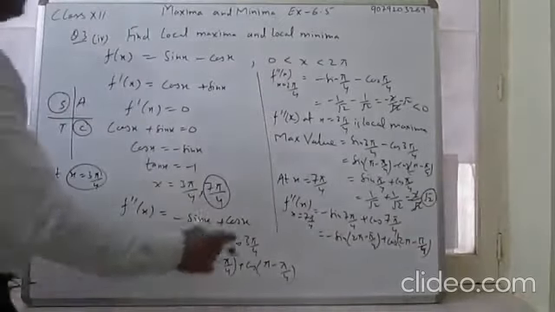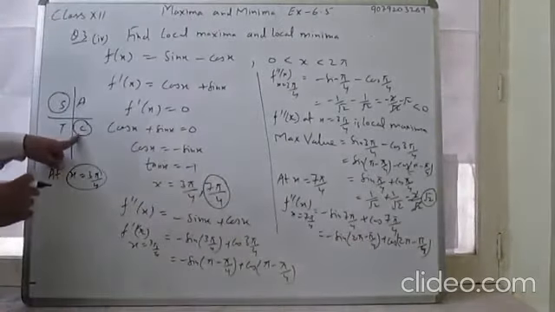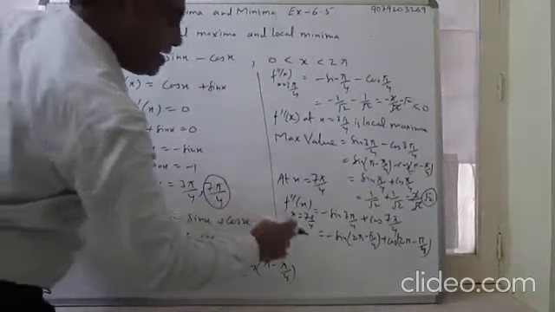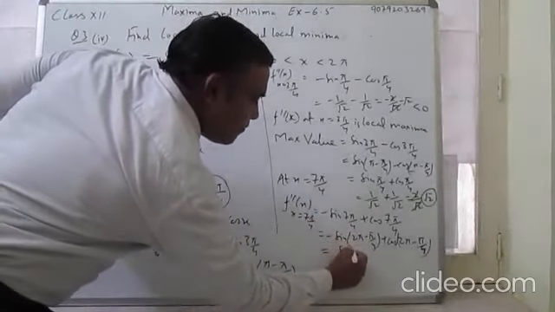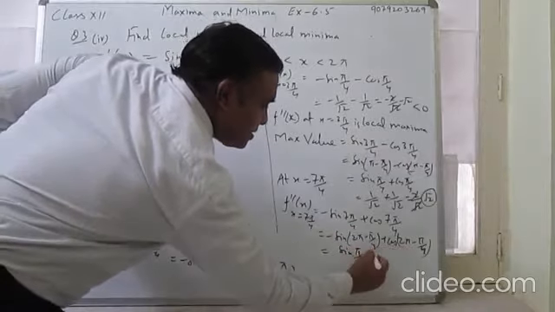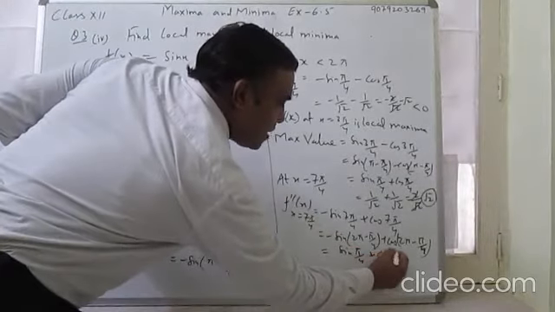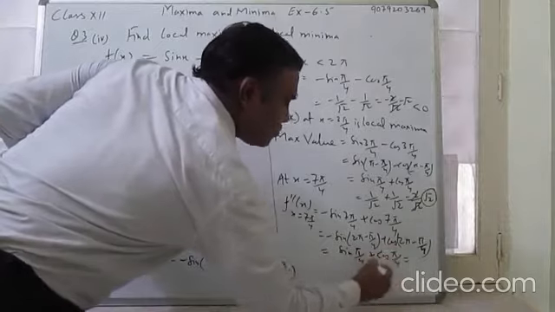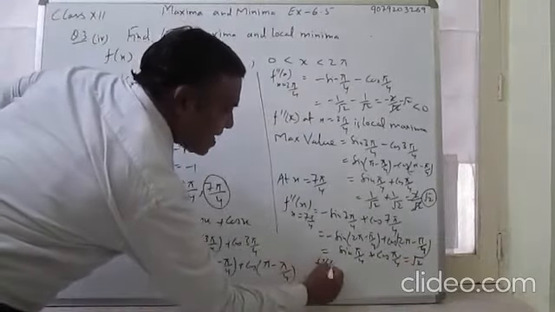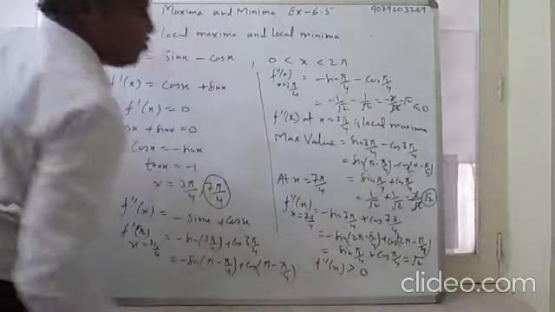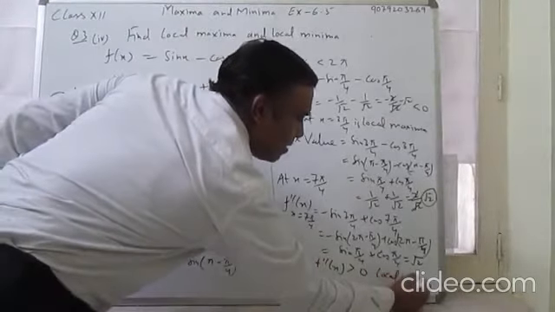Now see here, it is the fourth quadrant. Cos is positive, sin is negative, so it is minus and minus, sin pi by 4 plus cos pi by 4, so it comes 1 by root 2, 1 by root 2. It is f double dash x greater than 0, so it is local minima.